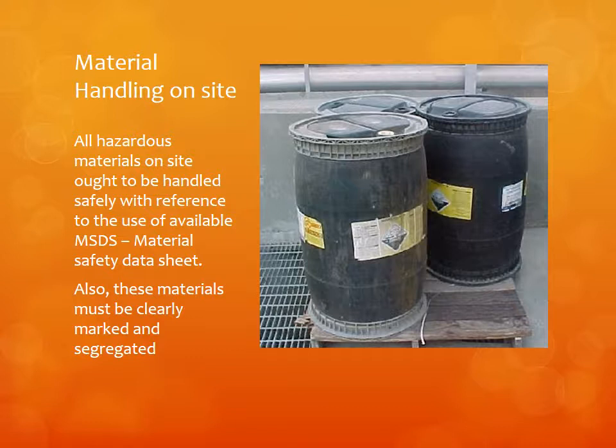Once they are there, you must have safety data sheets that describe the materials you brought to the site and how safely you could handle them. What are the controls you must put in place to protect everyone on the site, especially the workers that will be handling such materials?